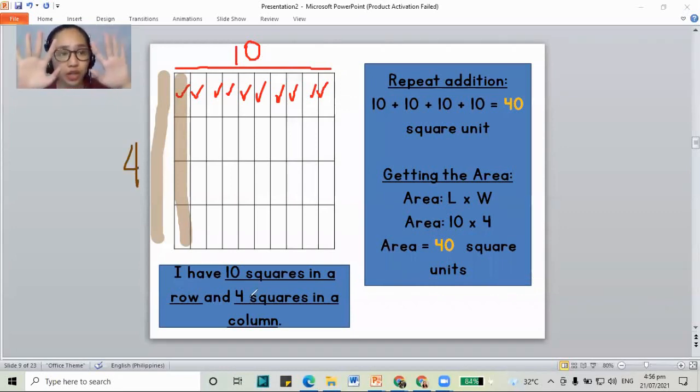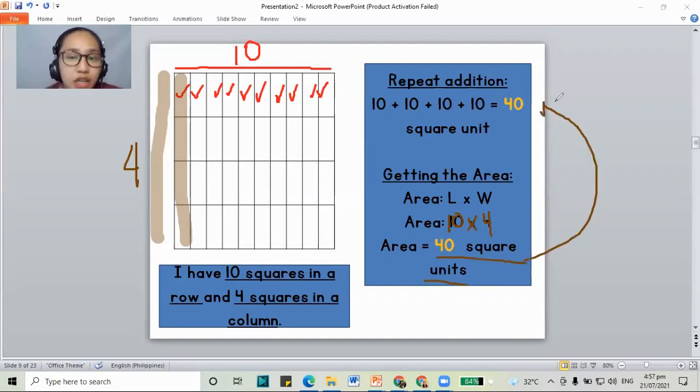I have 10 squares in a row or the length, and 4 squares for my column for the width. If I do the area again, the length is 10. The width is 4. So I will multiply 10 times 4. It's equal to 40 square units. But if I do repeat addition, I will add 10 4 times. 10, 20, 30, 40. That will become 40 square units.